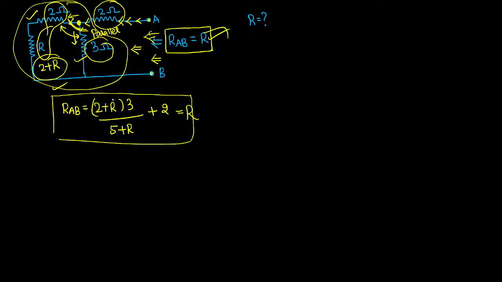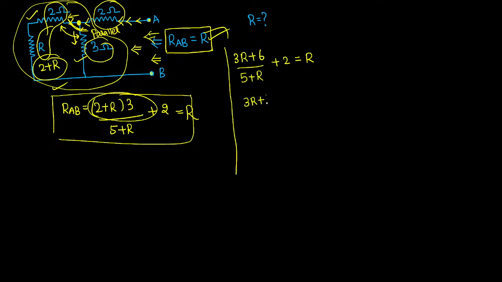So now let us reduce this circuit expression to figure out the value of R. Numerator: 3 times R plus 3 into 2 will become 6, divided by 5 plus R, plus 2, equal to R. If you do the cross multiplication, it will be 3R plus 6 plus 2 into 5 will become 10 plus 2R equal to R into 5 plus R.